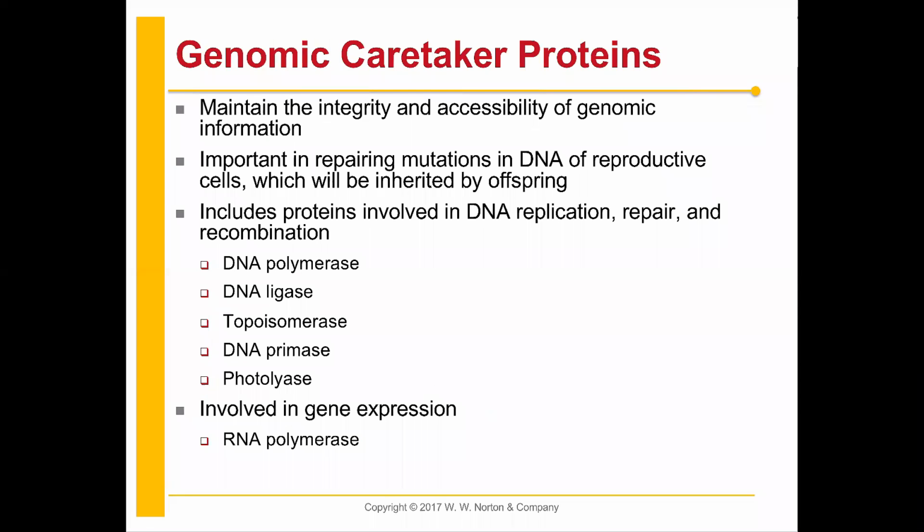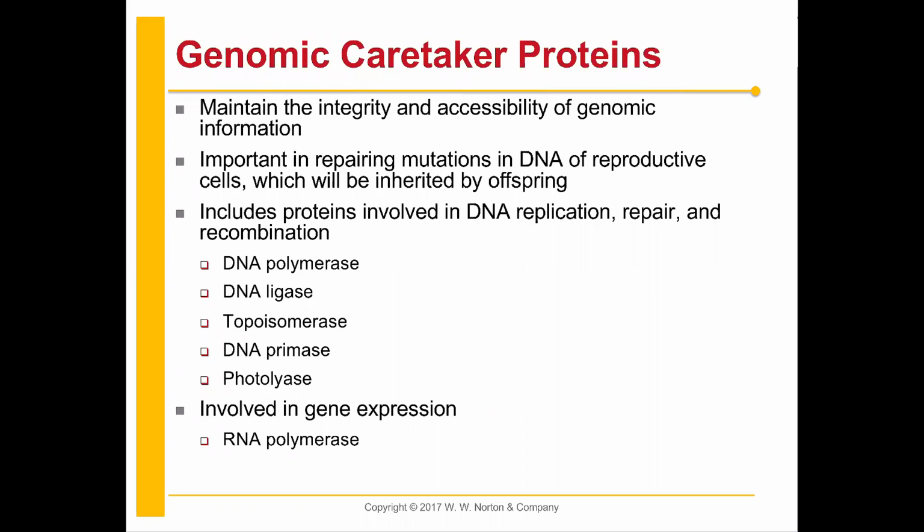All right, I think we're on group number 4, genomic caretaker proteins. When you think about a genome caretaker, there are 2 big functions you need to do. You need to maintain the integrity of the genome. That genome has to be the same for the entire life of the cell, so you don't want changes like mutations to happen.